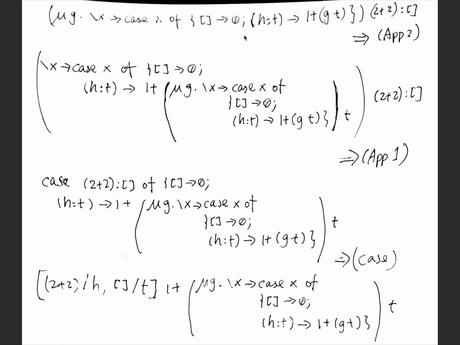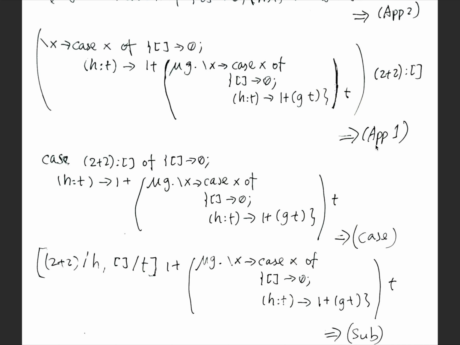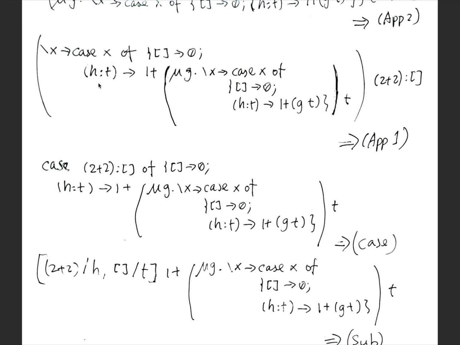Then, same strategy, we apply the ab2 rule because this is not yet a lambda abstraction, to unroll this μg into the following. We replace the use of g by the entire expression itself. Now we can apply the ab1 rule, which is beta reduction, to replace the formal argument x by the actual argument, this list with 2 plus 2 cons empty list.